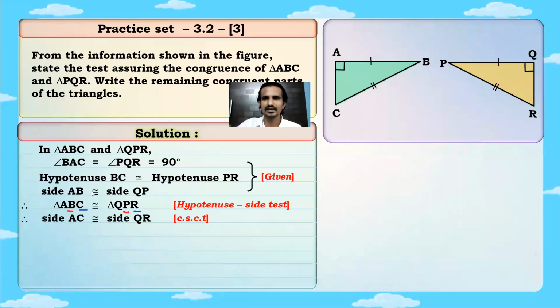So first when we take B and P, angle B congruent to P, that means angle ABC. Look at B. For writing, we use three letters ABC. So angle ABC congruent to angle QPR. Then angle C and angle R, that means angle ACB congruent to angle QRP. Those are the remaining congruent parts.